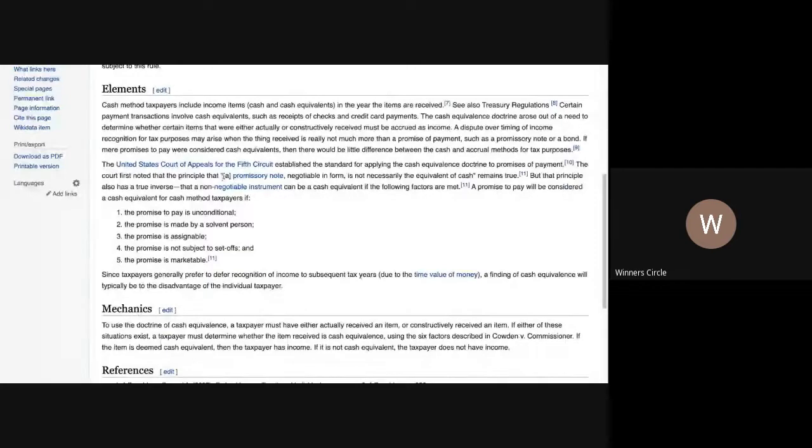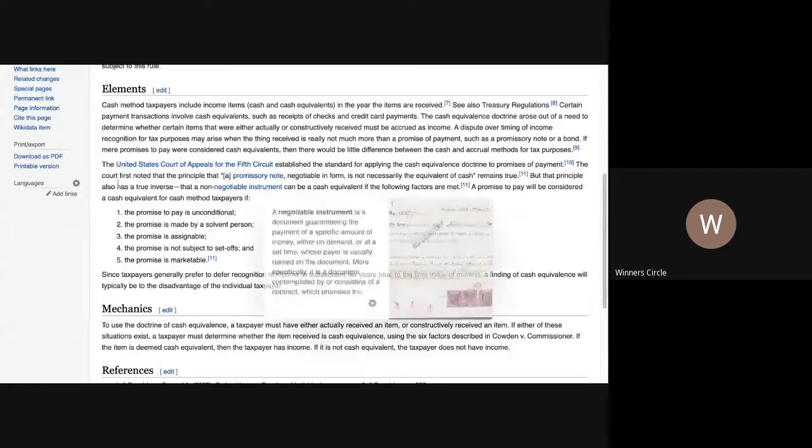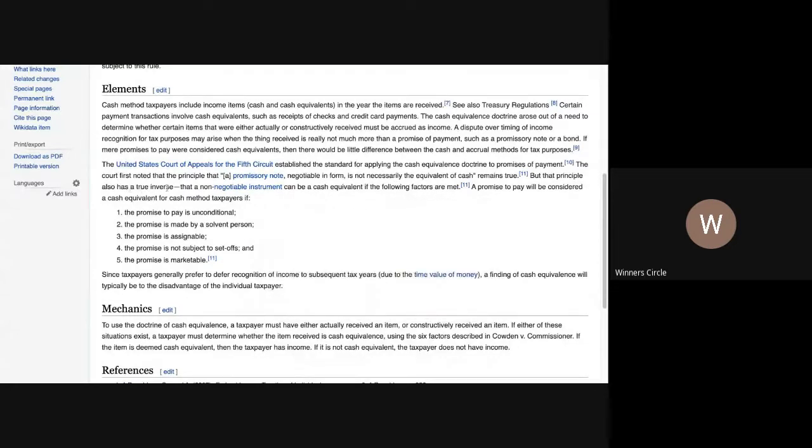Okay, so you need to know this. The court first noted that the principle that a promissory note in negotiable form is not necessarily the equivalent of cash remains true, but the principle also has a true inverse: that a non-negotiable instrument can be a cash equivalent if the following factors are met.